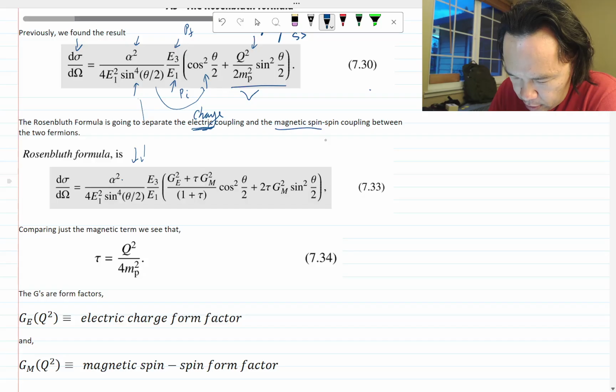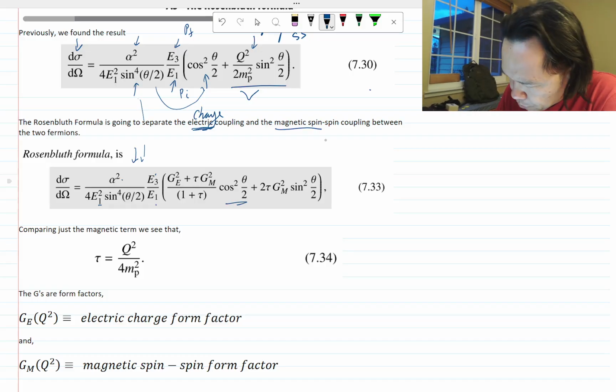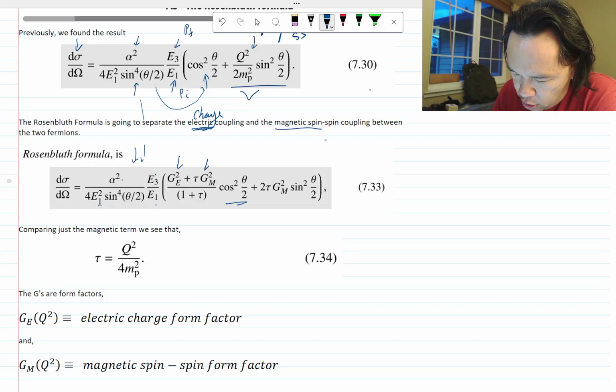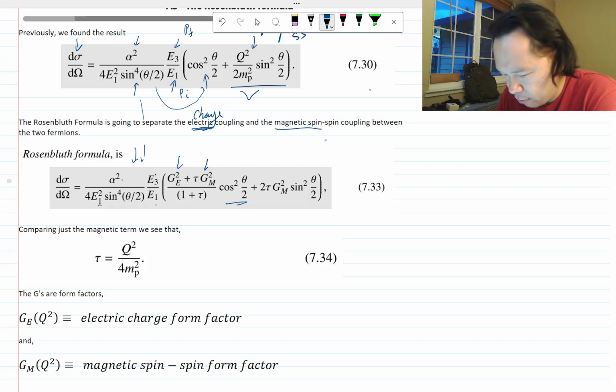Okay, so we're going to translate this directly down to the Rosenbluth formula. You have the same alpha squared, E3, E1, all the stuff in front is the same, with sine to the fourth power in the denominator. We're going to stick in front of here this form factor, GE, which is the electric charge form factor, and GM is the magnetic spin form factor.